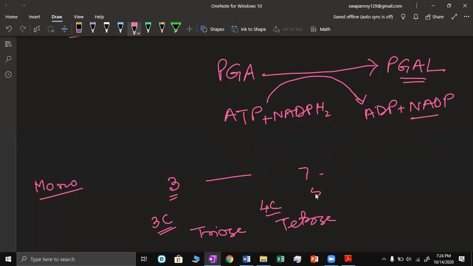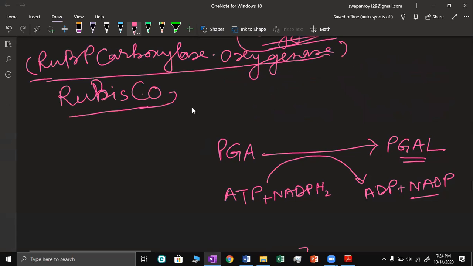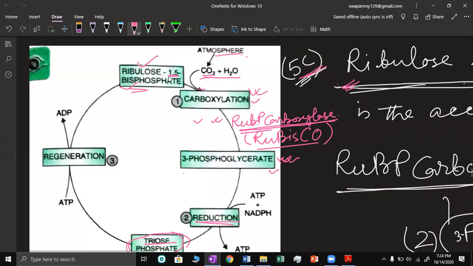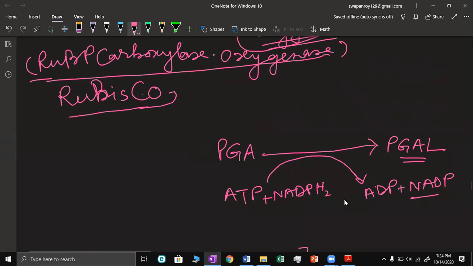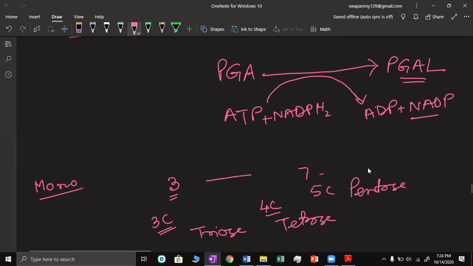If there are 5 carbon, it is called pentose. Ribulose and ribose are pentoses. And if there are 6 carbon, it is called hexose.